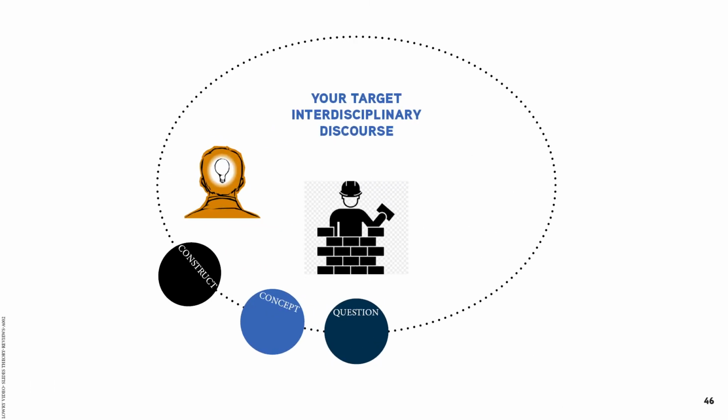So a key point I want to very strongly emphasize here is this connection between concepts, which could be represented by the light bulb in the person's head, and constructs represented by the construction worker, and the actual measures or variables. So basically, constructs sit in the middle.